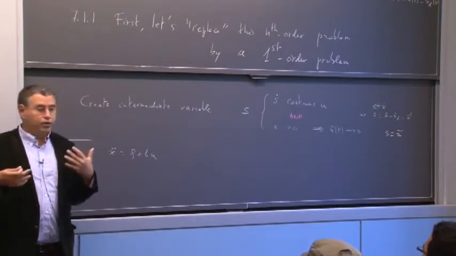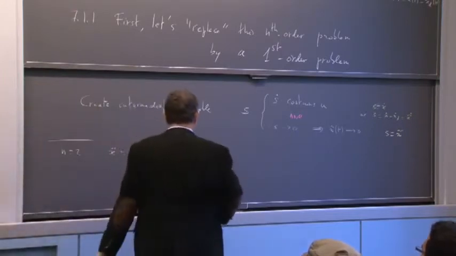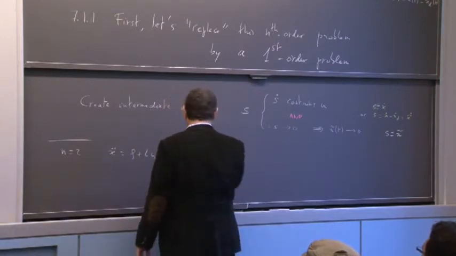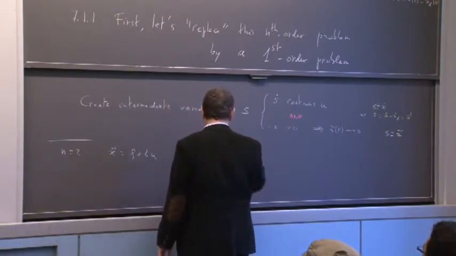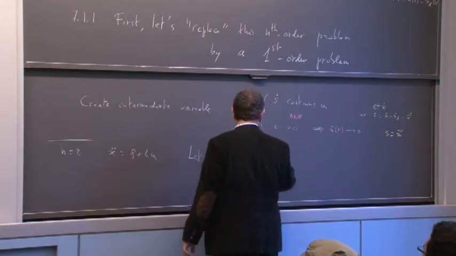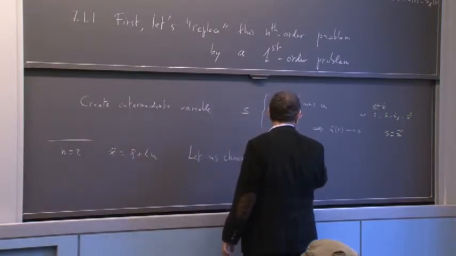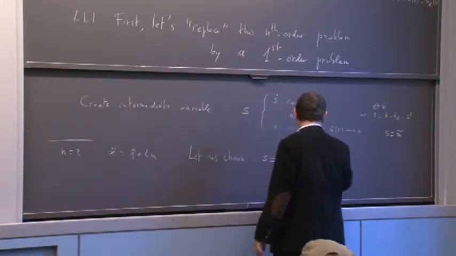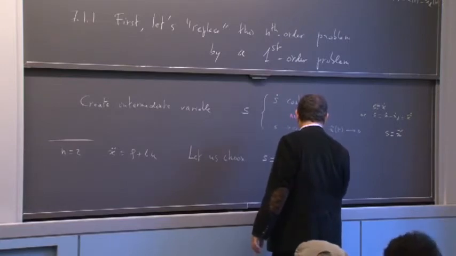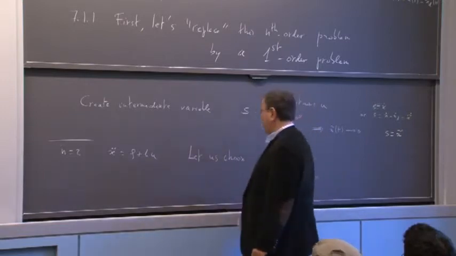What we can do is do some kind of a mixture of the two, okay? So let us choose s equal x tilde dot plus x tilde with some scaling factor lambda.